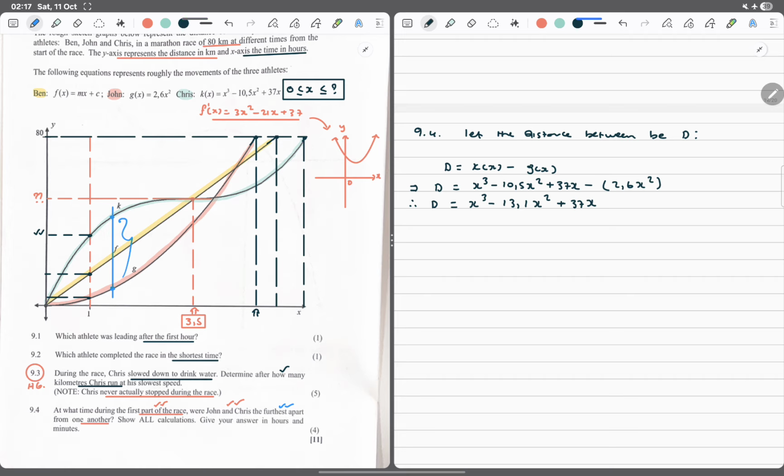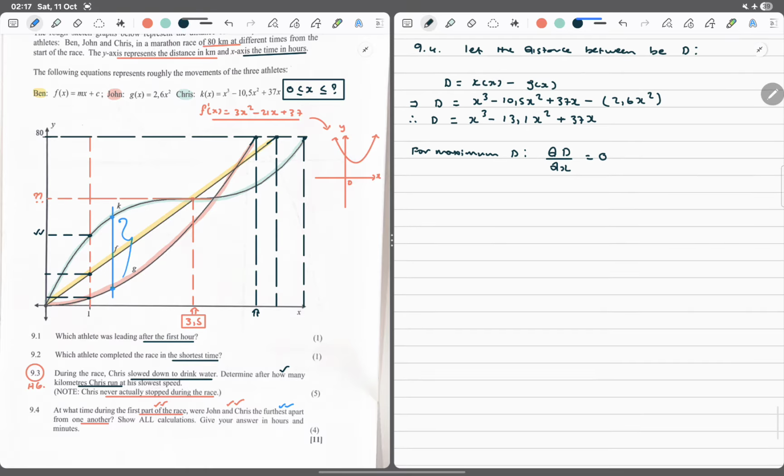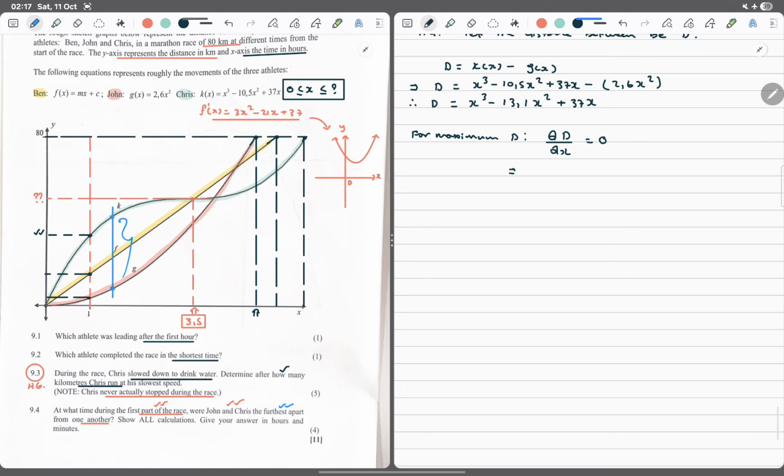So for maximum distance, dD over dx must be 0. This means 3x squared minus 26,2x plus 37 is equal to 0.